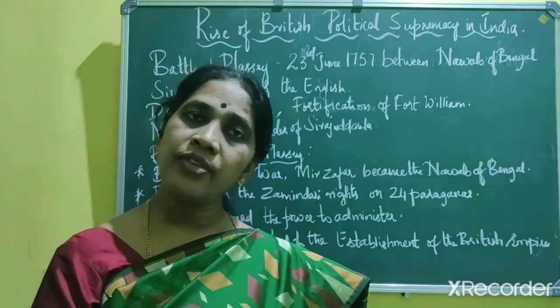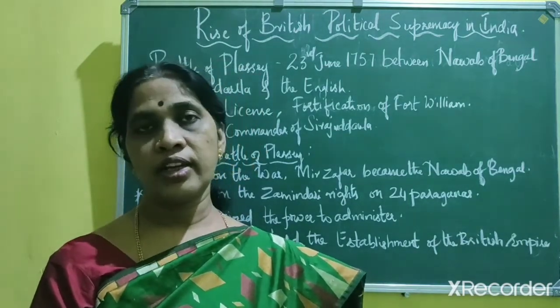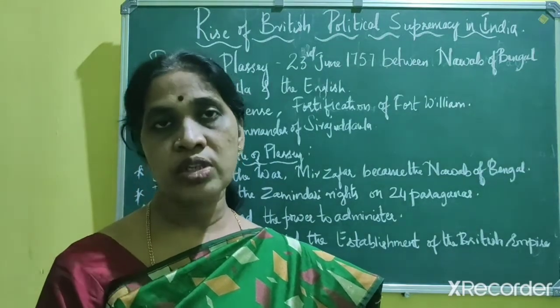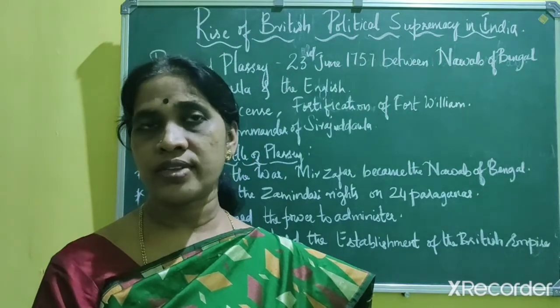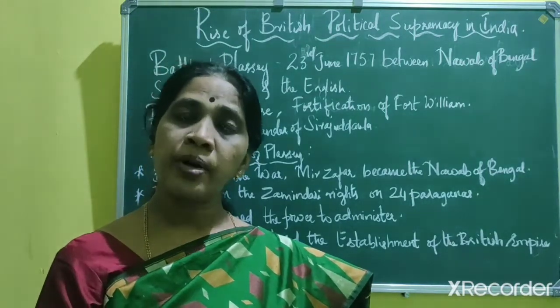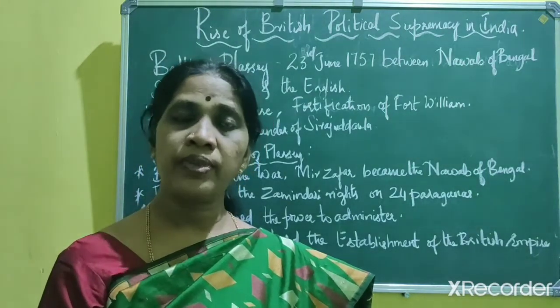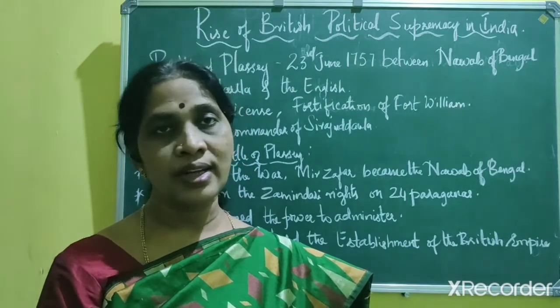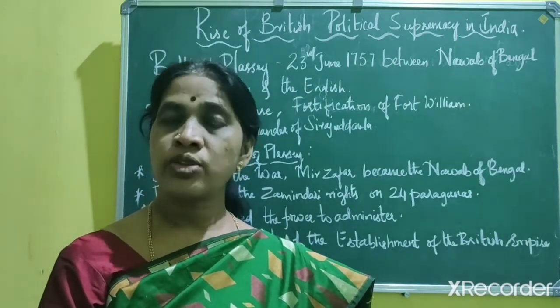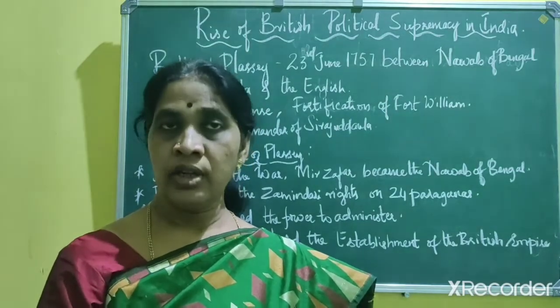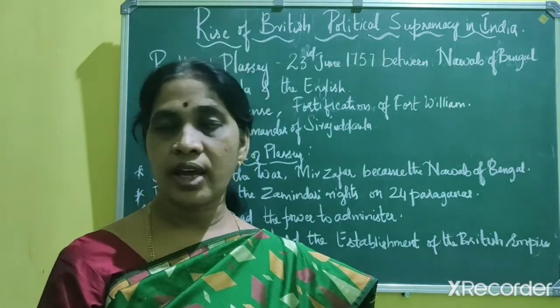Afterwards, they also persuaded the weak Mughal ruler, Farooq Siyar, to issue them the dastak. Dastak is a license where those who get it are able to trade in that place without paying taxes.